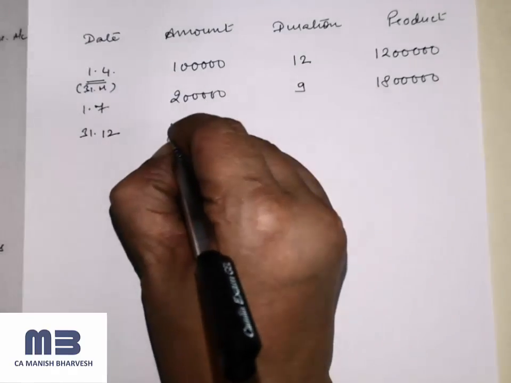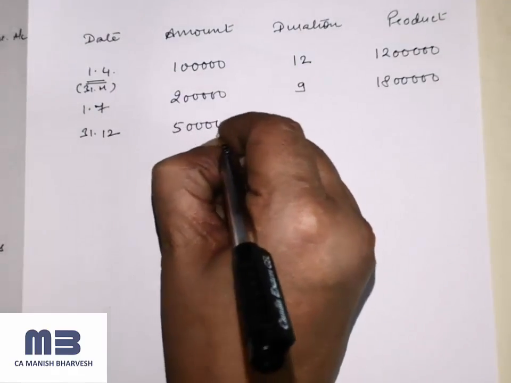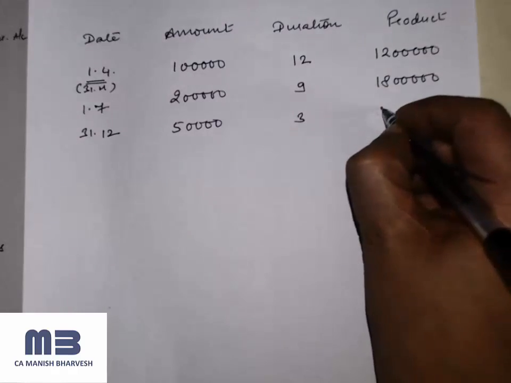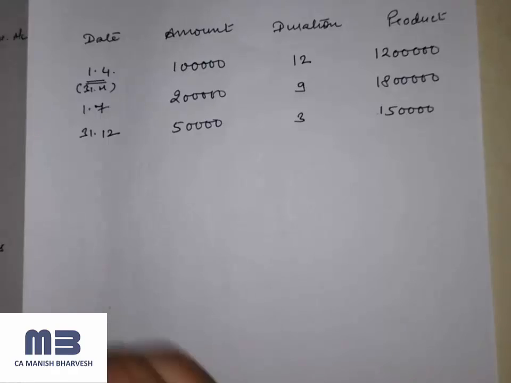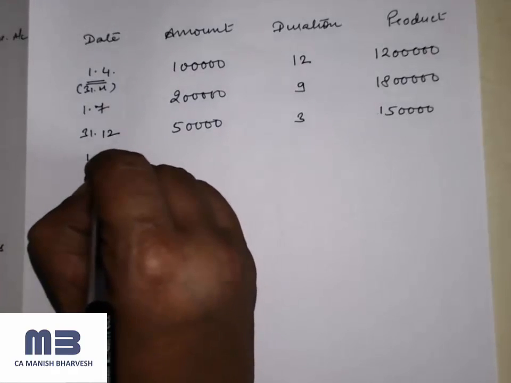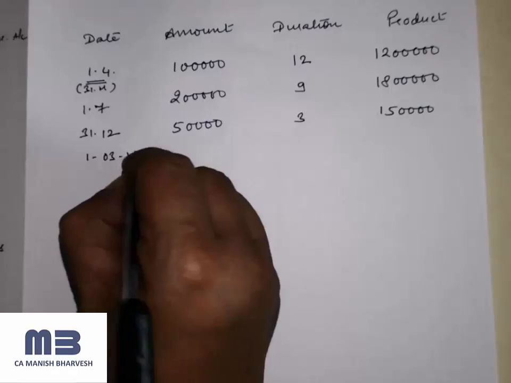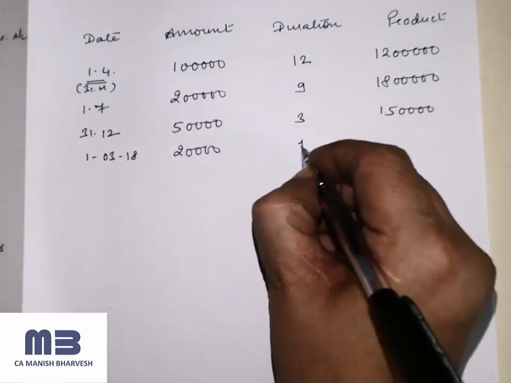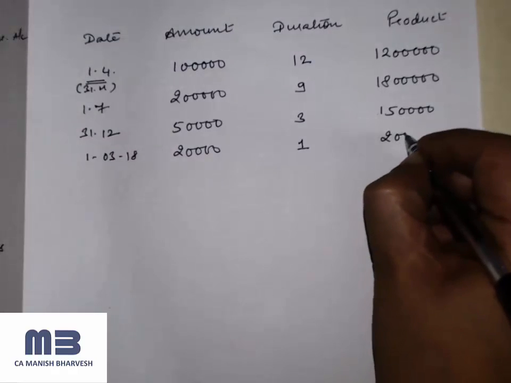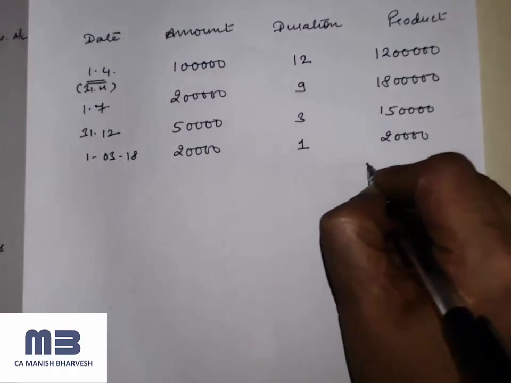It's only 3 months. So 50,000 for 3 months comes to 1,50,000. And last, it was 1st of March 2018. So 20,000 for a duration of 1 month comes to 20,000.